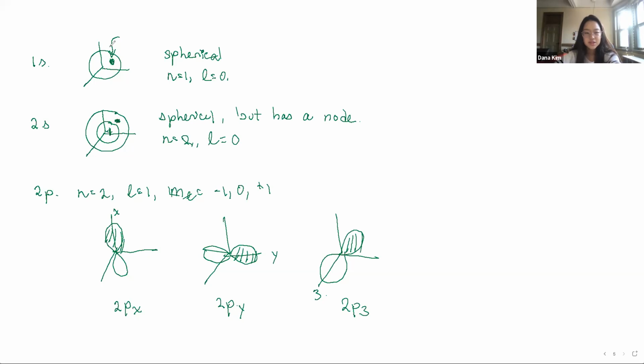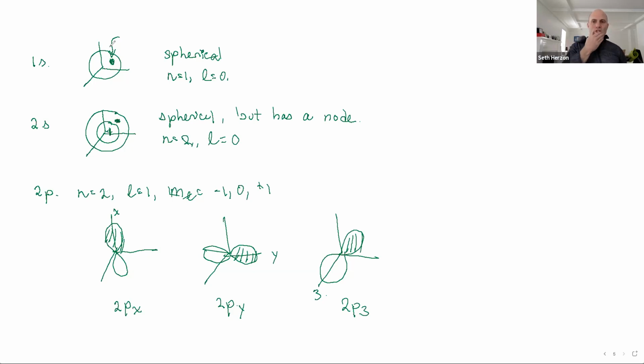And sorry, last question. For the 2p, is it the little dumbbell? Do they have the dumbbell shape and the spheres? Or once it's in the 2p, it's just the dumbbells? No. So for everything except hydrogen, because hydrogen is just 1s, right?